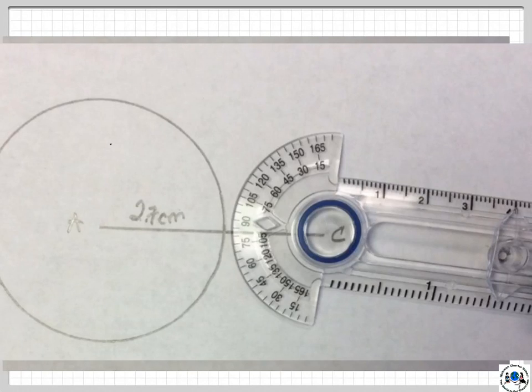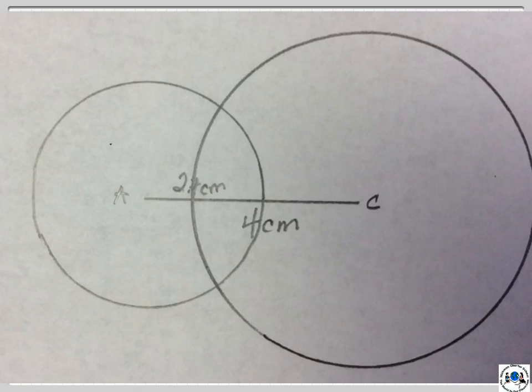So I am putting the crosshairs right over the end of that segment there, which is point C, and dialed in now to 4 centimeters. I'm going to go ahead and spin, put my pencil in and spin and get that.